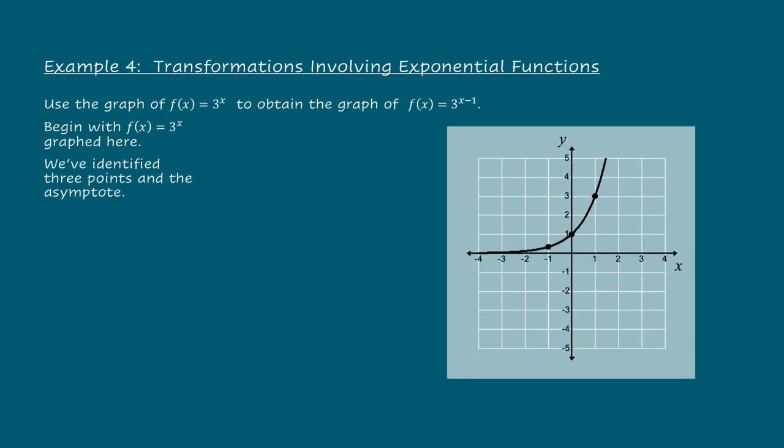So let's take a look at a transformation using a shift. Let's look at f of x equals 3 to the x, and let's obtain the graph of f of x equals 3 to the x minus 1. So we are making a shift of minus 1. So we're going to move to the right 1 unit.